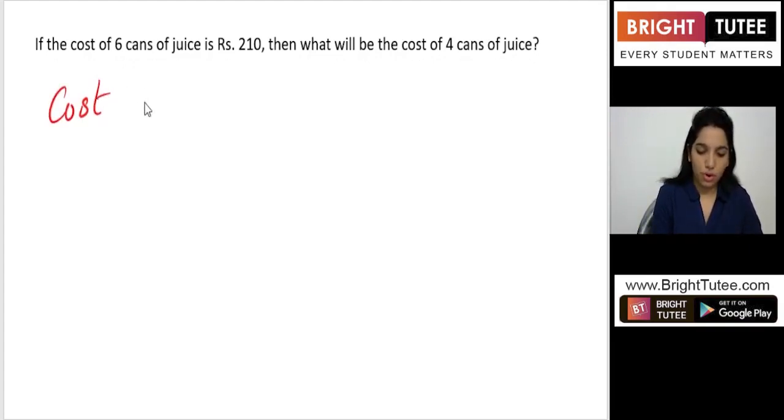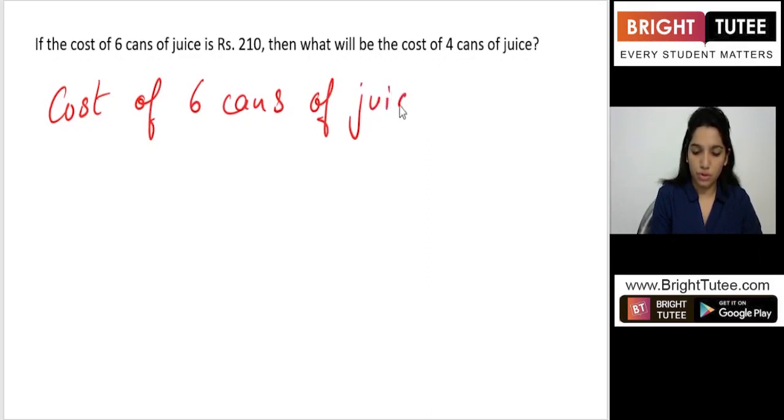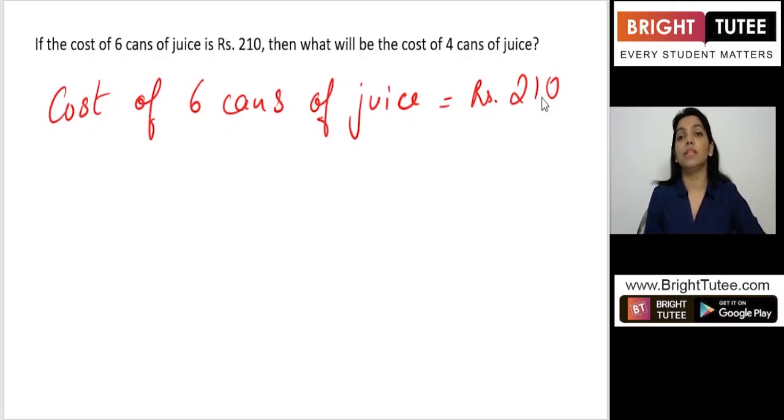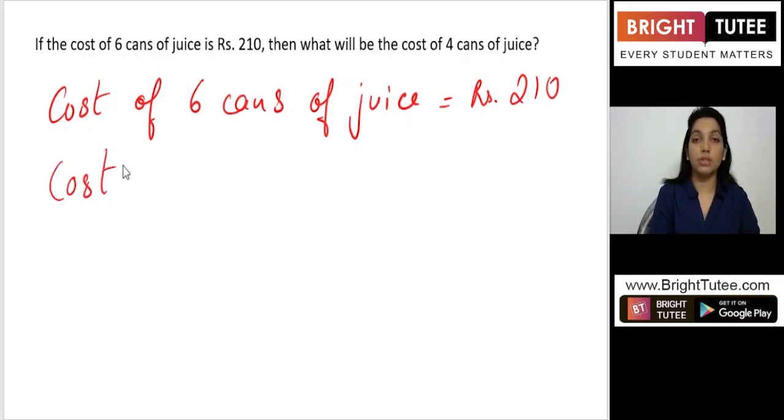Cost of 6 cans of juice is equal to rupees 210. So what do we do in order to find the cost of 4 cans? Let us first calculate the value for 1 can. Okay, so let us do the unitary method.